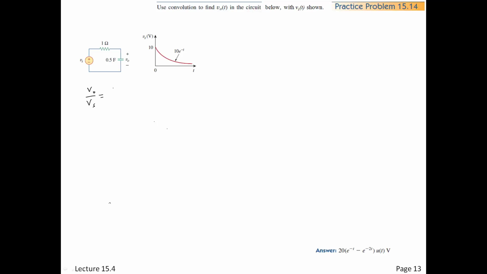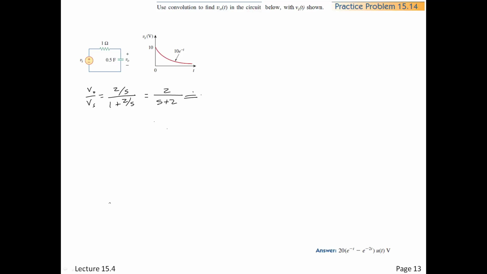So 1 over 0.5 is 2 over S over the sum of these two, the resistance plus 2 over S. And if we go ahead and clean this up in the obvious way by multiplying top and bottom by S, we get 2 over S plus 2. So that's not too daunting.